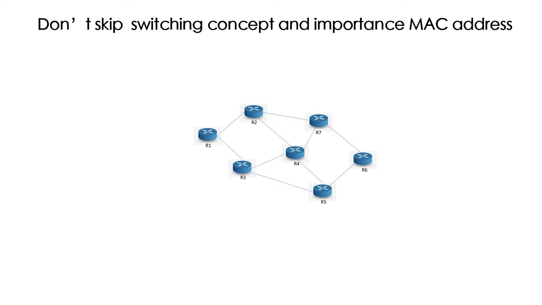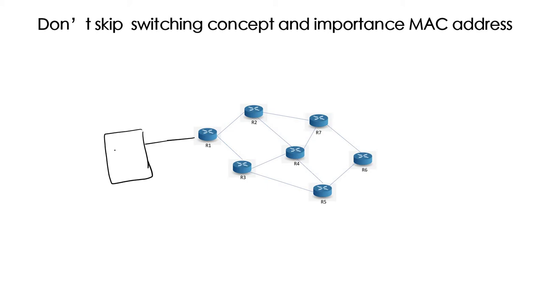So you always get confused about how the MAC address table works and how the IP routing table works. That's why I have included it and taken the clear difference between both of them, so that you can understand, right?